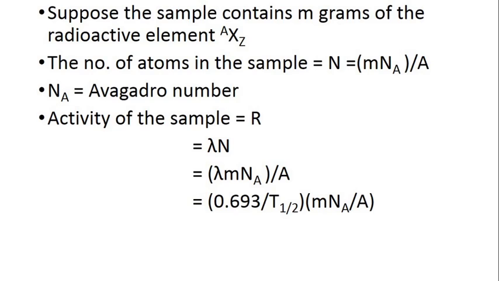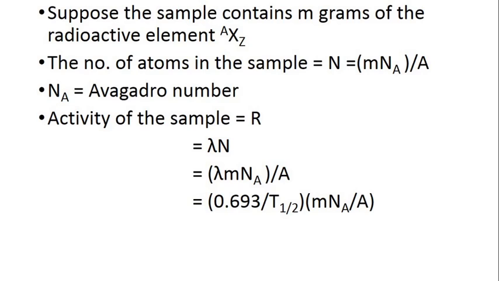The number of atoms is given by the equation capital N is equal to, since 1 gram contains the Avogadro number, m gram contains m into Na by A, where A is the mass number. So N is given by m into Na by A, where Na is the Avogadro number.